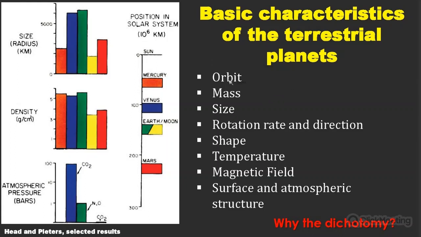As we already discussed in the previous slide, the initial ingredients for each planet are the same, but what you can see here in this figure is that there are a lot of differences. Even if we compare just the inner terrestrial planetary bodies, Mercury, Venus, Earth, Moon, and Mars, we see that the size of Mercury is almost half of Earth and Venus. But if you see, density is actually similar.